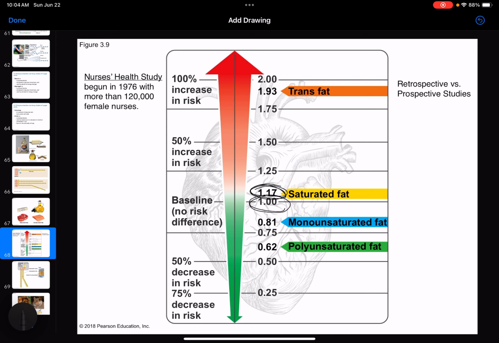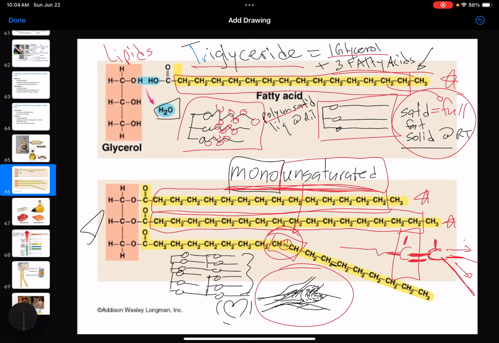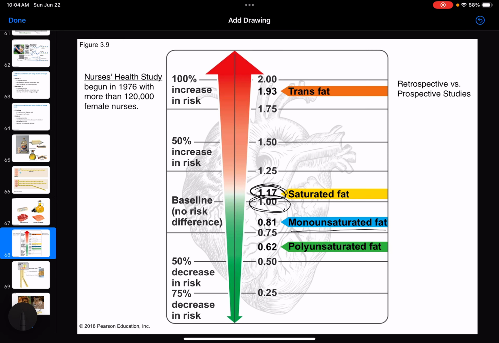But if you consume monounsaturated fat, like this one here, you will reduce your risk by like 19%. And if you consume polyunsaturated fat, you will reduce the risk by 38%. So I think that you want to be doing this, right? Consume fats that are in this form.